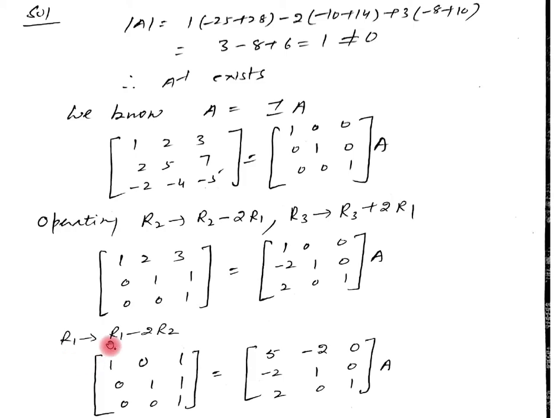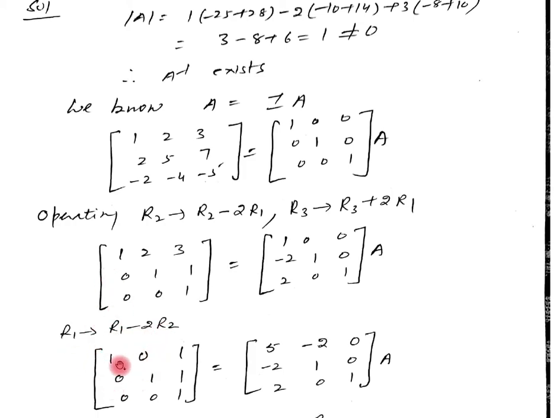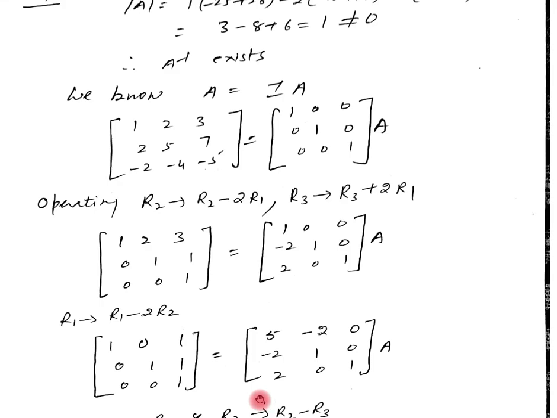Now operating R1 to R1 minus twice R2, first row becomes 1 0, 3 minus 2 is 1. It becomes 1. Now the second row, third row will remain as it is. Then applying the same operation on the right hand side also, it becomes 5 minus 2 0. Second row and third row will remain as it is.